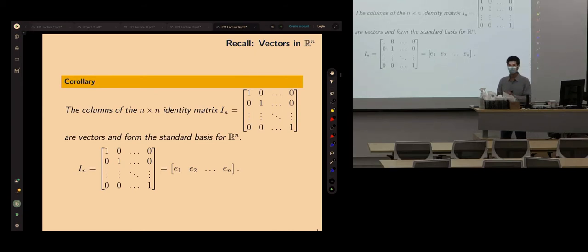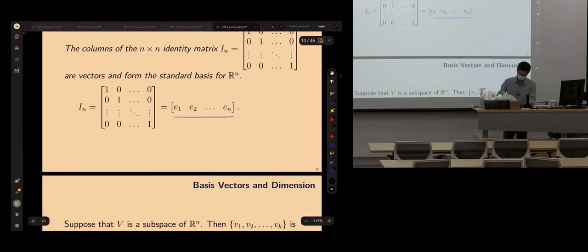So the same idea we talked about in R2, the columns of the identity matrix of size n will give you a set of vectors E1 to En. You can write any vector in Rn as a linear combination of them. You've seen this before, and just purely using algebra, you can manipulate terms and see that writing a column vector is, in fact, the same thing as writing a linear combination of the columns of the identity matrix.